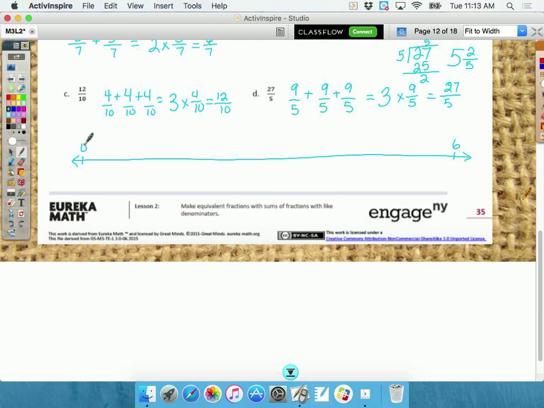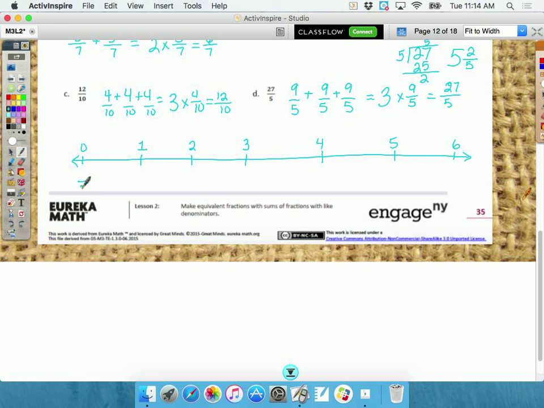Okay, so now I've got to partition this into 6 whole numbers first of all. Always start with your whole numbers. In 5th grade, we work with them a lot. Whole numbers go on the top, so get that done first. Okay? And then what's my denominator over here? 27. No, that's my numerator. 5.